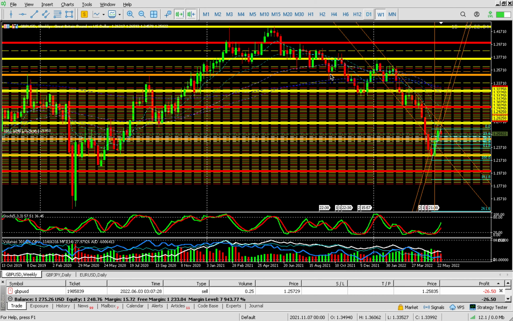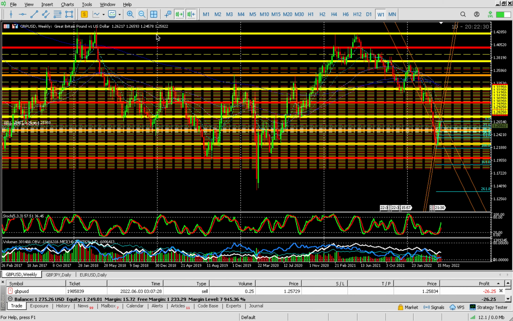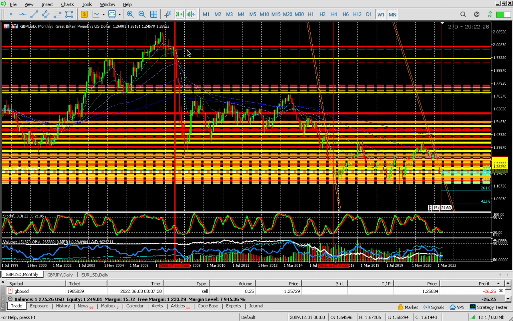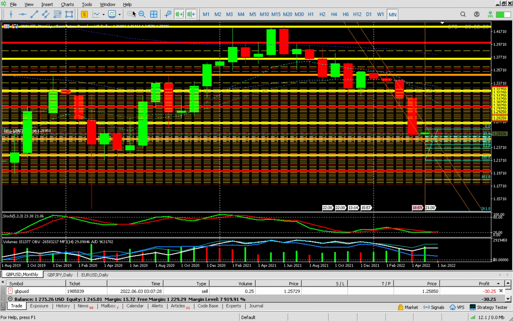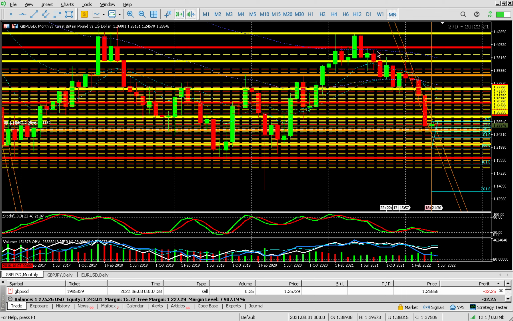But back to the weekly, back to the monthly. So we didn't really get an engulfing here or anything, but it is like a tweezer top.